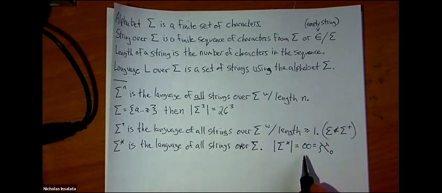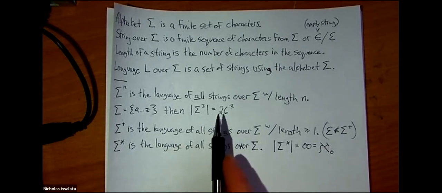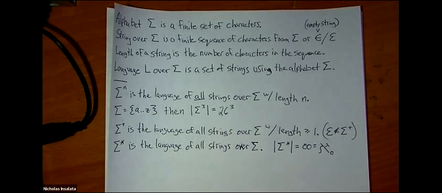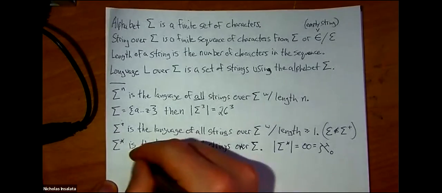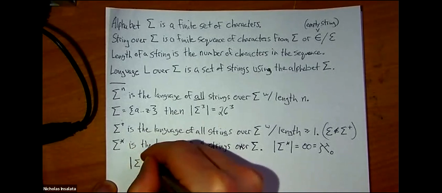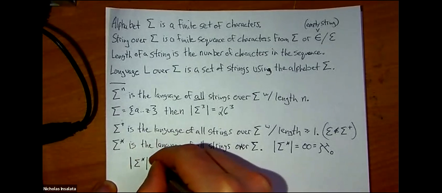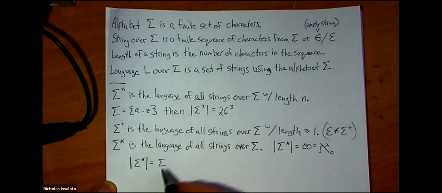That's true, because think about how many strings you can make. Well, how many strings of length 0 are there? 1, right? How many strings of length 1 are there? 26. How many strings of length 2? 26 squared, 26 cubed. And you can have the strings be as long as you want. So the size of the language sigma star is going to be equal to the sum, which now is the other sigma, right?